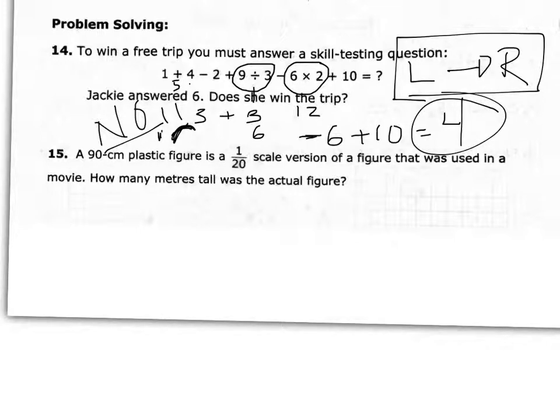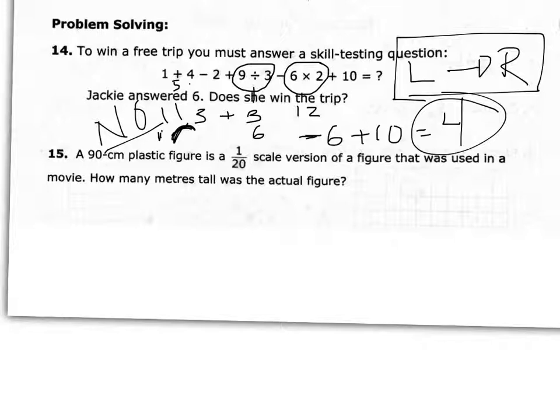Okay, 15. A 90 centimeter plastic figure is a 1/20th scale version of a figure that was used in a movie. How many meters tall was the actual figure? This is a proportional reasoning question.